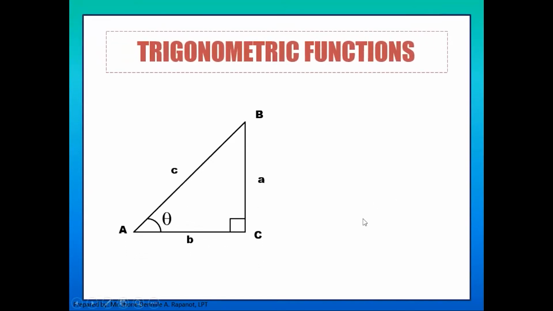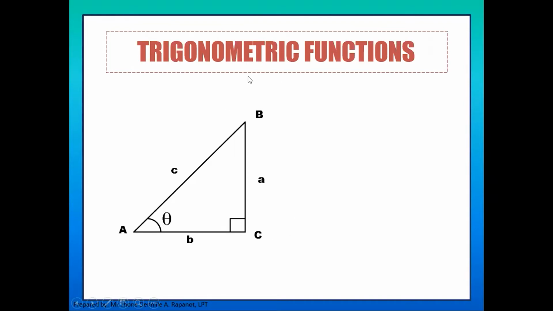So we have this right triangle ABC, and you've noticed that there are small letters for your legs and hypotenuse. This is your angle theta, our reference frame. This will guide us to properly picture the equation for sine, cosine, tangent, and so forth for this particular right triangle.